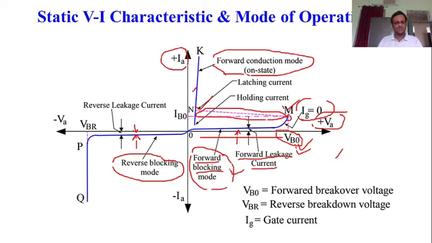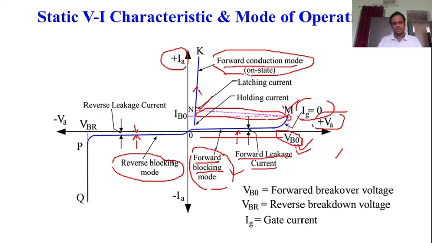Our current starts building up through that switch. That means anode current starts flowing from anode to cathode through this device.